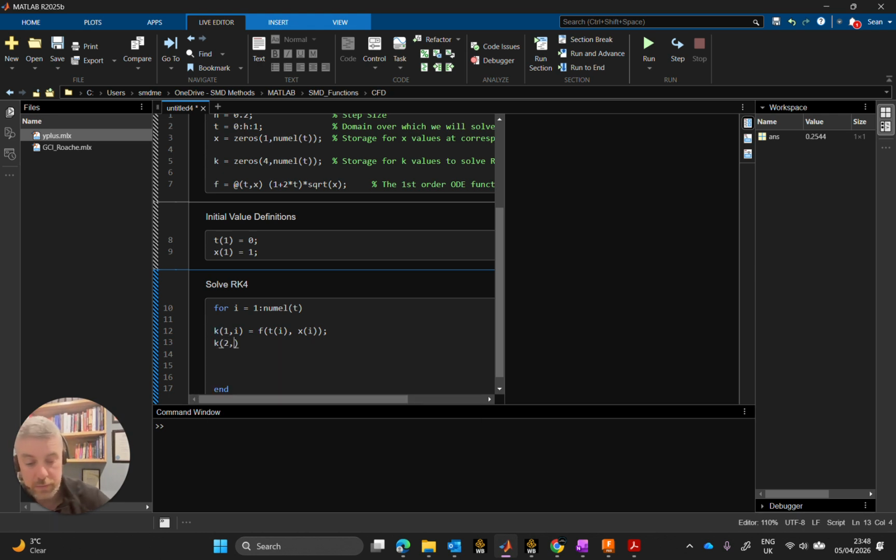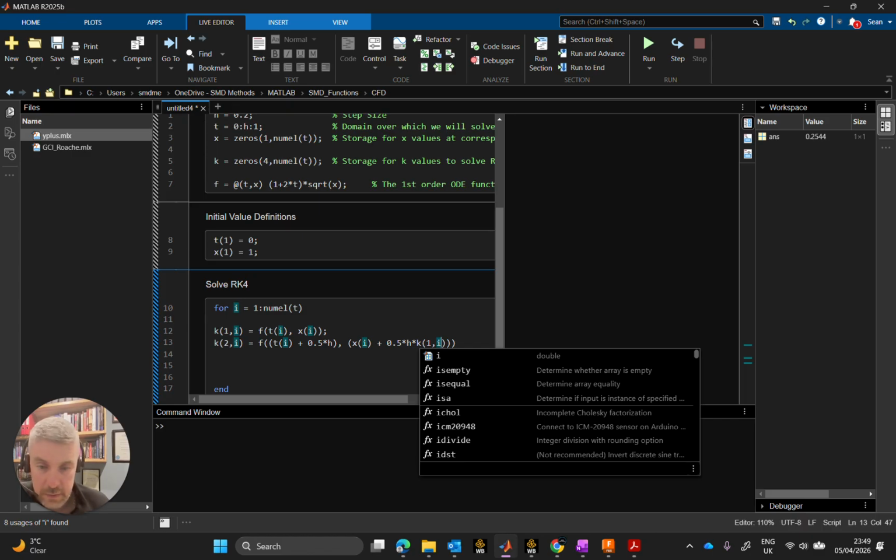They're the values I'm going to put in for that. Right. k2, this iteration, is going to be equal to, of course, the function. I'm going to go for t of i, but I need to adjust that. Plus, it's going to be 1/2, which is 0.5 times the step size. So I'm just going to put that t into its own bracket there, and then the x value itself, I'm going to take the x of i, and I'm going to add on 0.5 times h times the k1 value, k1 of i.